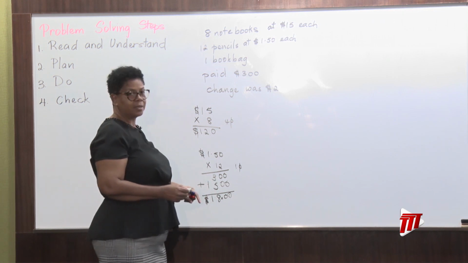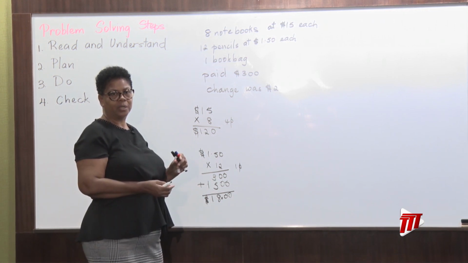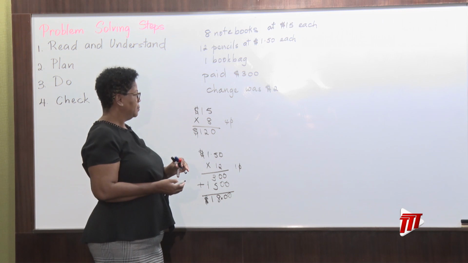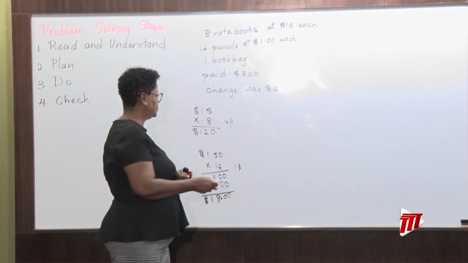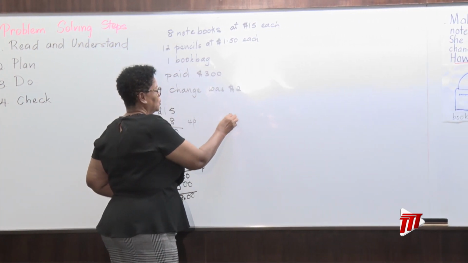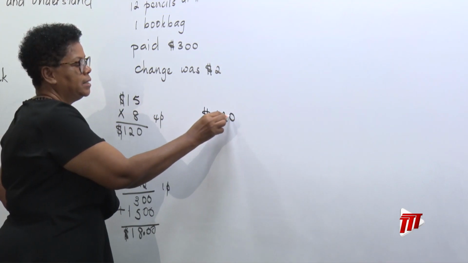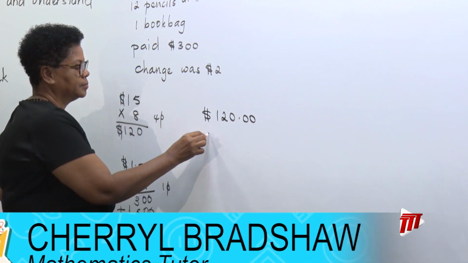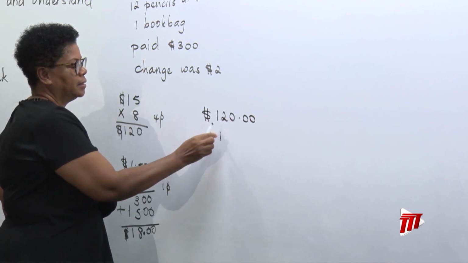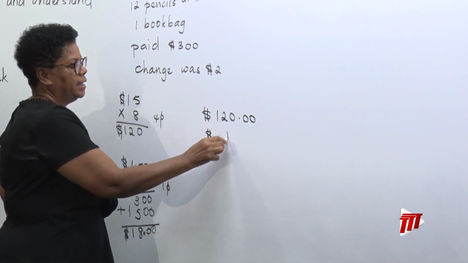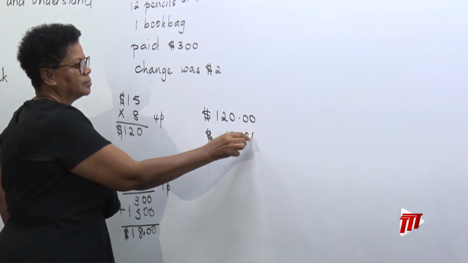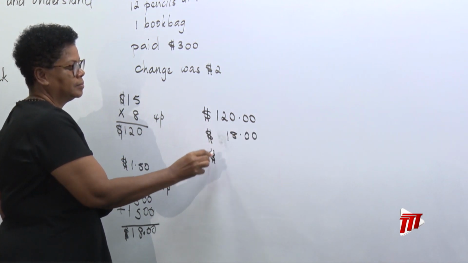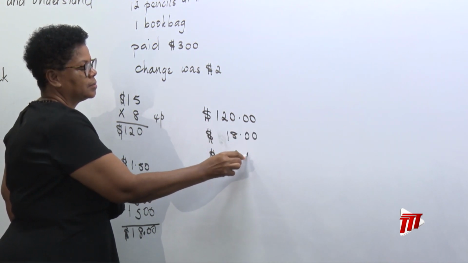So to remove it, we would first add all the money values together. $120, $18 and $2.